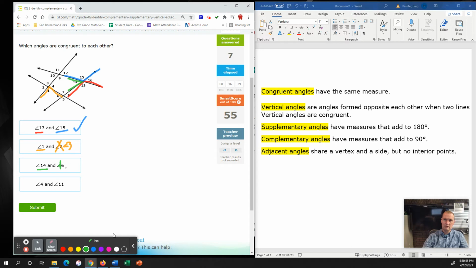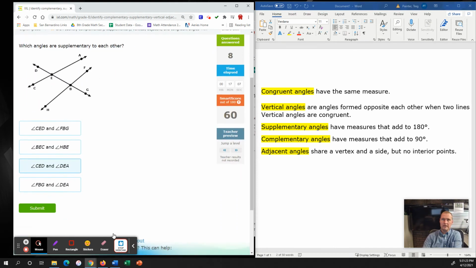Because it's not a 1, it's not right. And the last one, angle 4 has to be congruent to angle 2, because 2 is directly vertical of 4. So again, 11 is not the right answer. It is for sure the first one. So we're going to go ahead and pick the first one on that one.